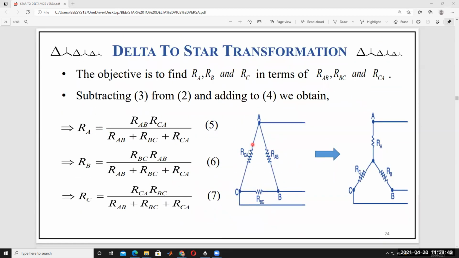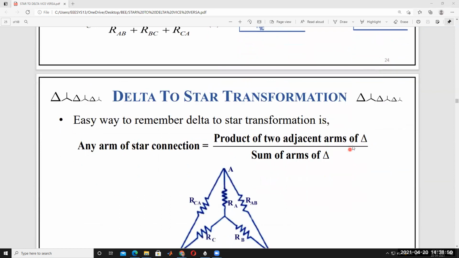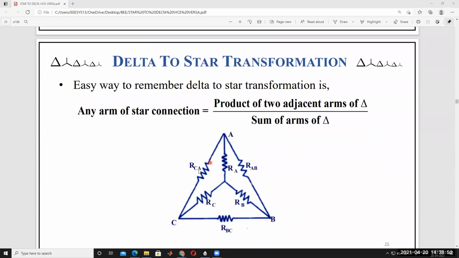The product of two adjacent arms of the delta connection system, RAB into RCA, divided by the sum of all arms of the delta connection system, RAB plus RBC plus RCA. Addition of these three resistors is called the sum of all arms of delta.